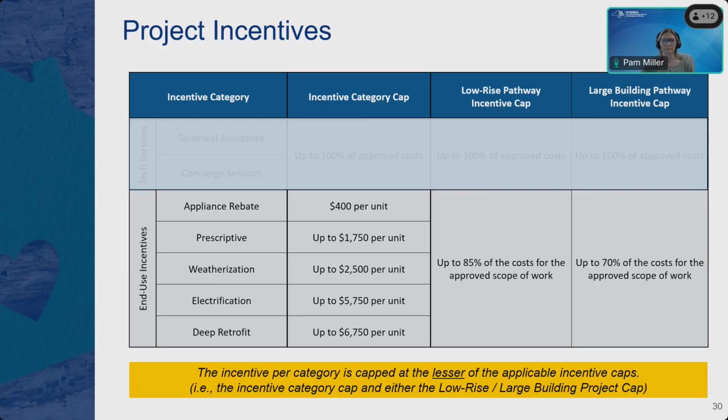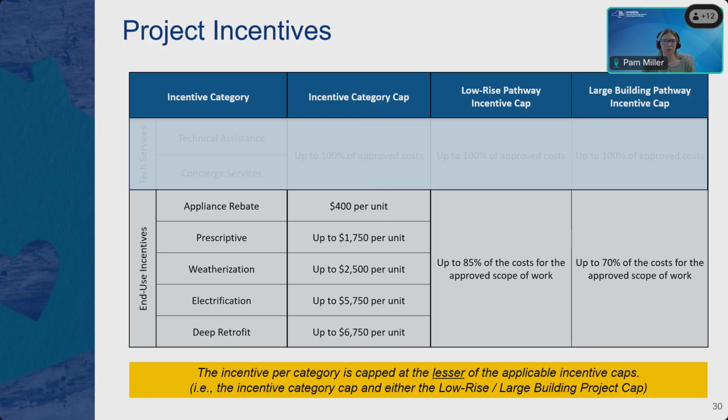Next slide. For the end use incentives, incentives are capped at the lesser of two: either the incentive category cap or the pathway cap. The project's incentives are capped at the category, which is the per unit incentive.